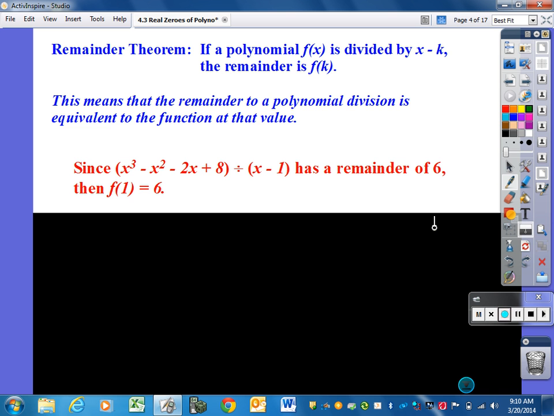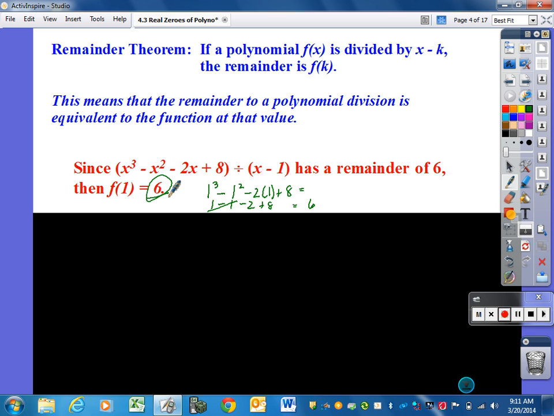When I divided by x minus 1, 1 was my h. So I put that in my evaluation. If I stuck 1 in this polynomial, it would be equivalent to 6. And we can test that. 1 cubed minus 1 squared minus 2 times 1 plus 8. 1 minus 1 minus 2 plus 8 is, 2 plus 8 is 6.